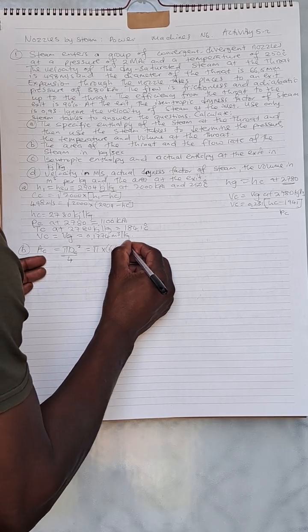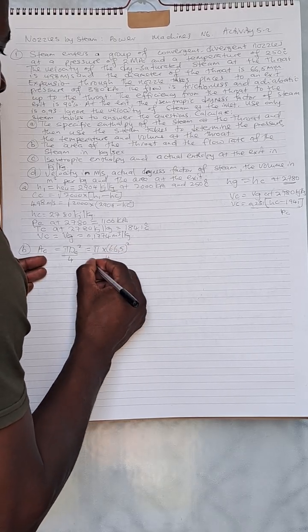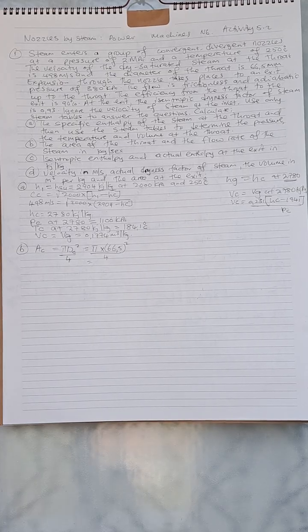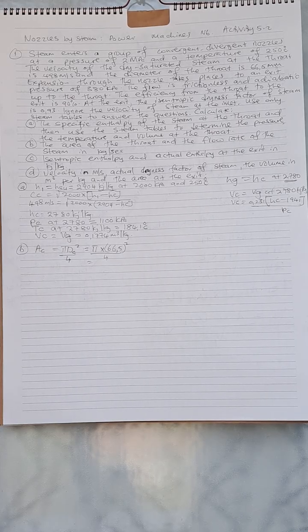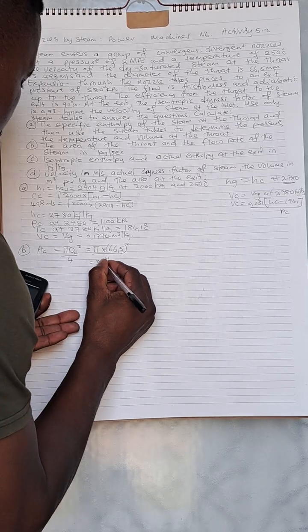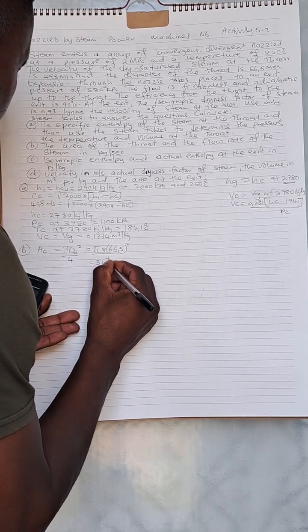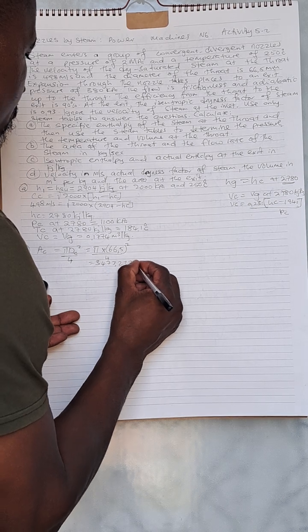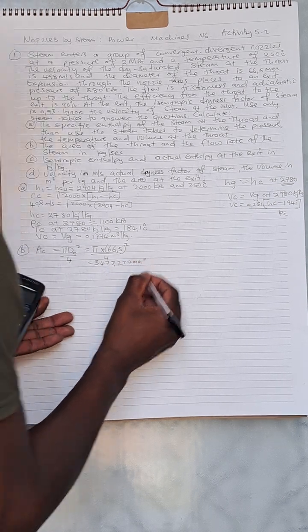Pi times 66.5 squared over 4. So let's see what we are getting as our area, which is bracket 66.5 bracket squared over 4, which I'm getting 3473.227 millimeter squared.